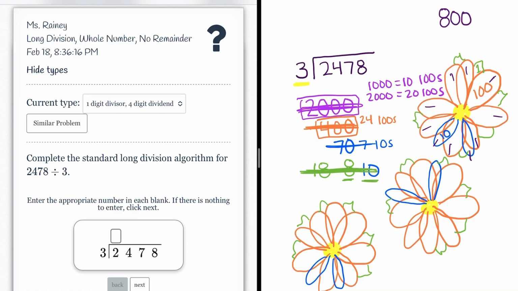I have 2 tens, which is 20. And then I have 6 ones. When I add these together, I get 826.